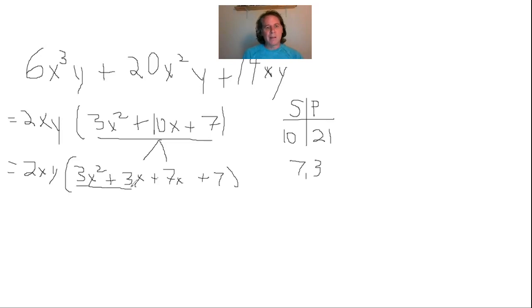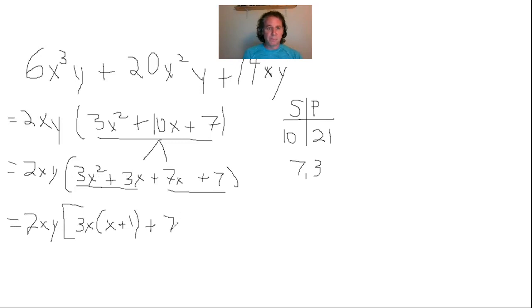And then my next step is to look at these pairs of terms and do more common factoring. So I got 2xy, and now I'm going to have to do brackets inside of brackets. So I'll do square brackets, and I look at those first two and I say, what's my greatest common factor? And it's 3x, and in brackets, I'm left with x plus 1. And then I look at my next pair and I say, what's my GCF?